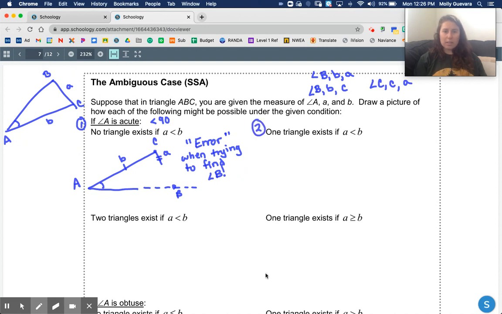Okay. In case 2, if A is less than B, and you solve, and you get that the measure of angle B is 90 degrees, that means one triangle exists. So here's A. What that means is that B is 90 degrees.